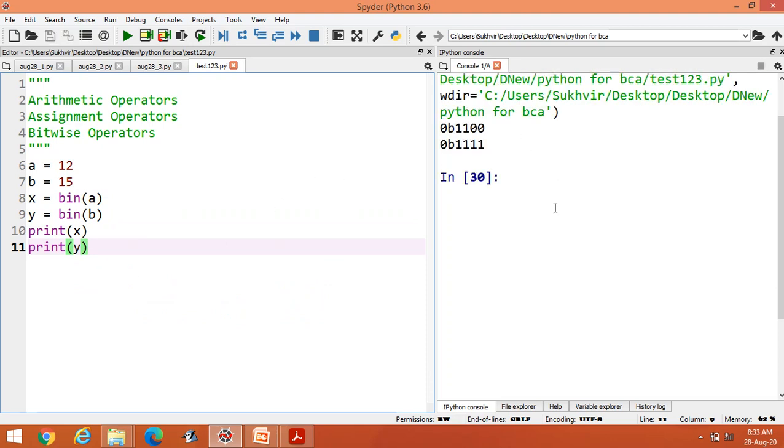This one is the output 0b1100. Basically 1100 is the binary value. 0b represents that it's a binary value. Suppose you have to delete this 0b, then you can write here replace, and inside the brackets 0b with empty quotes.